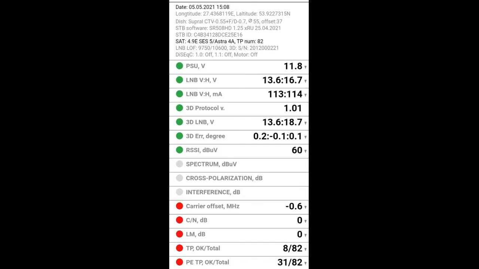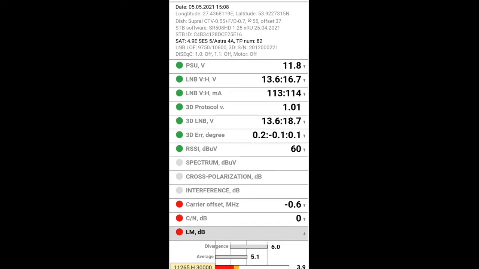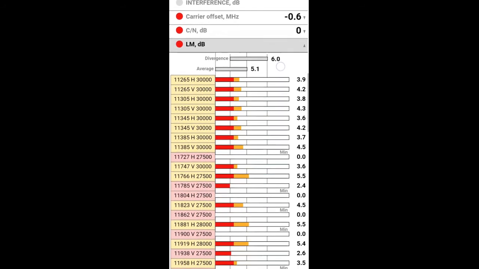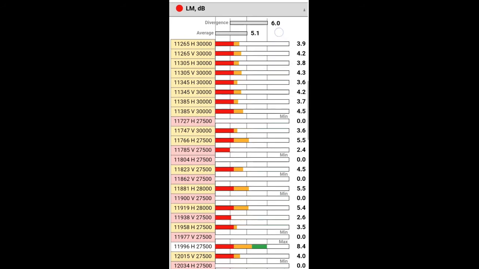of the received noise. Link margin is one of the key parameters indicating the signal reserve for each frequency, including bad weather. Usually, link margin is considered good when it is over 6 dB, medium when it is in the range from 3 to 6, and poor when it is 3 dB or less.